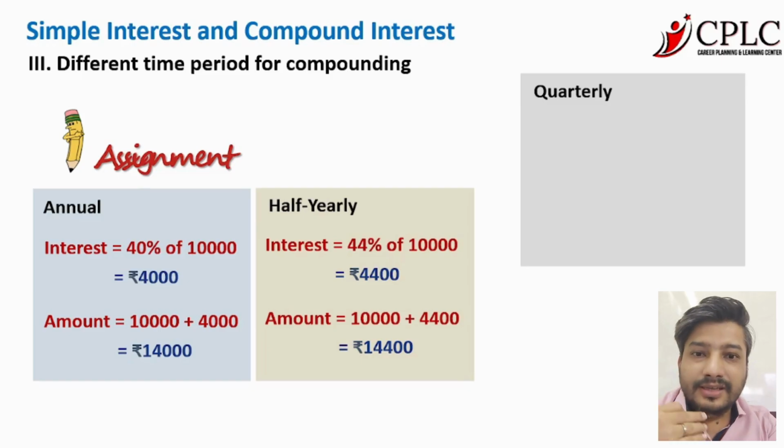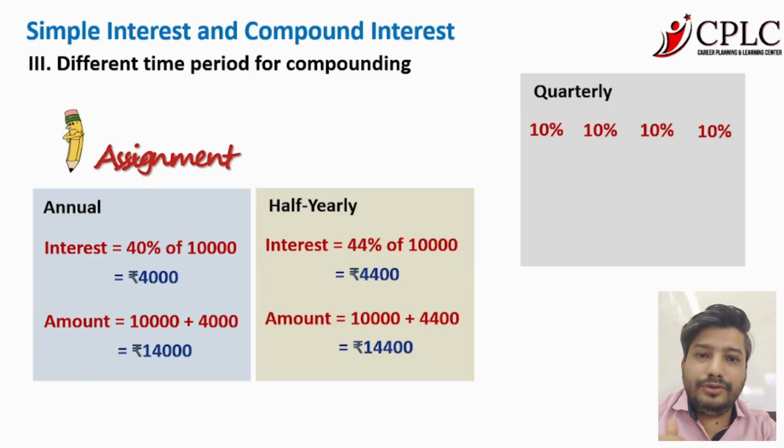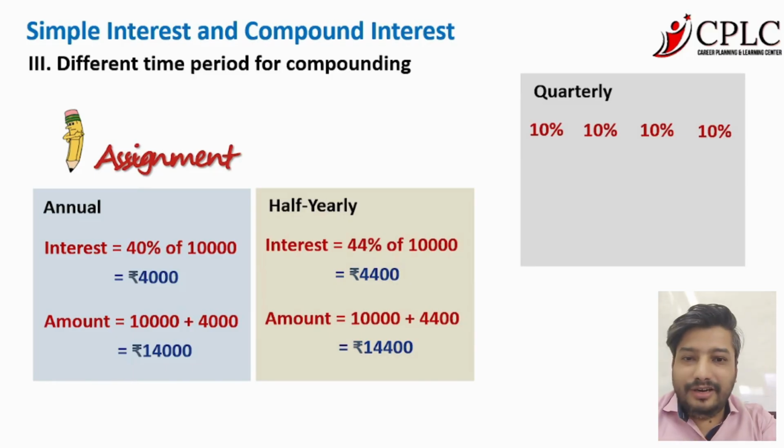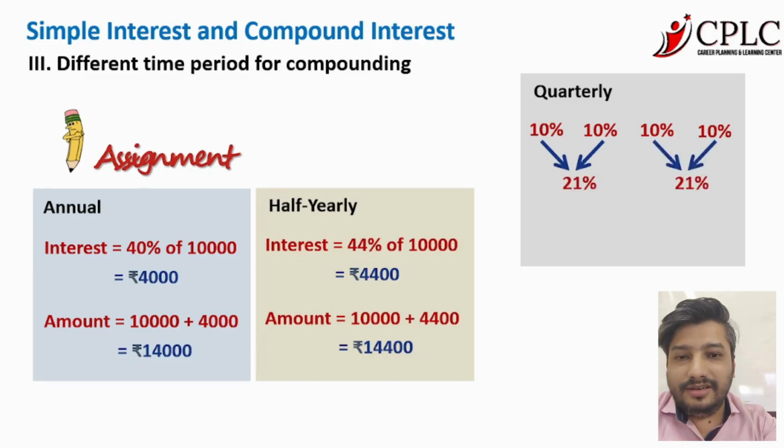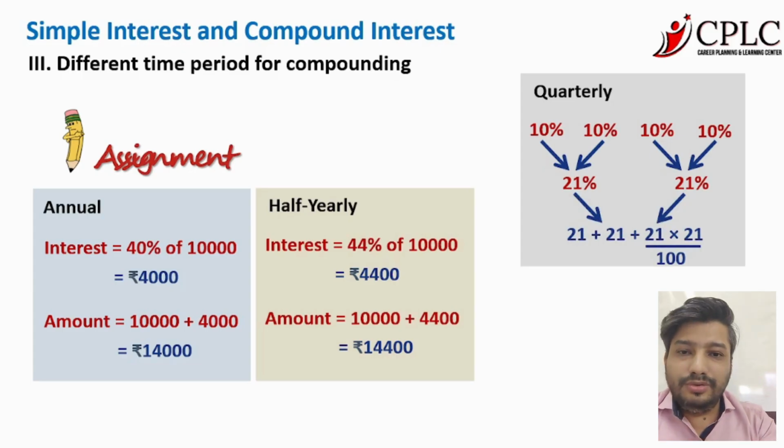14,400. Similarly, for quarterly compounding, 10% 4 times, obviously you can do it manually, the numbers are easy, but use better approaches, that is successive percentages. So if you do 10 and 10 successive, you get 21% as the net change. Similarly, for the remaining 10% and 10%, you get the same answer, 21%, and then you do 21 and 21 successive.